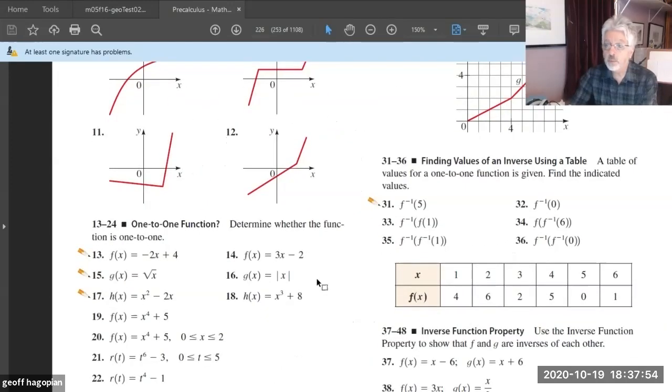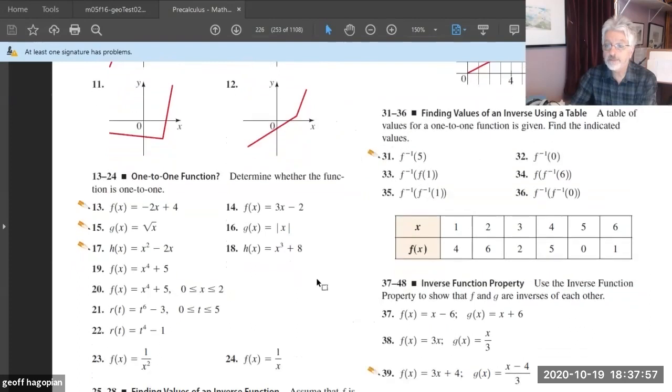Are the following one-to-one? Well, even functions are not one-to-one unless you restrict the domain. So is this one-to-one on this little piece here? And yeah, right, because the line of symmetry for this is going to be the y-axis. X to the fourth plus 5, it's x to the fourth shifted up 5 units, and x to the fourth has y-axis symmetry.